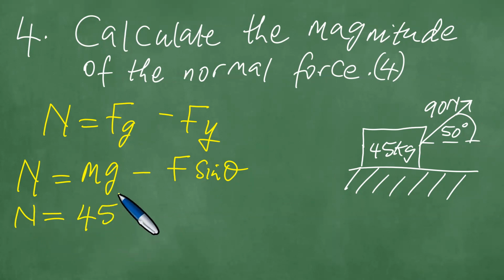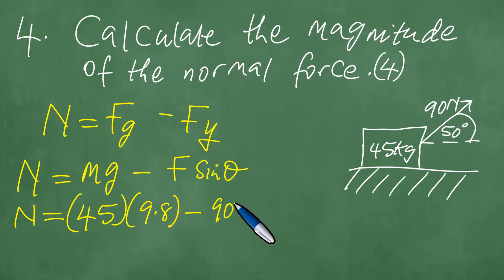The mass is 45, times 9.8 minus 90 times the sine of 50 degrees.